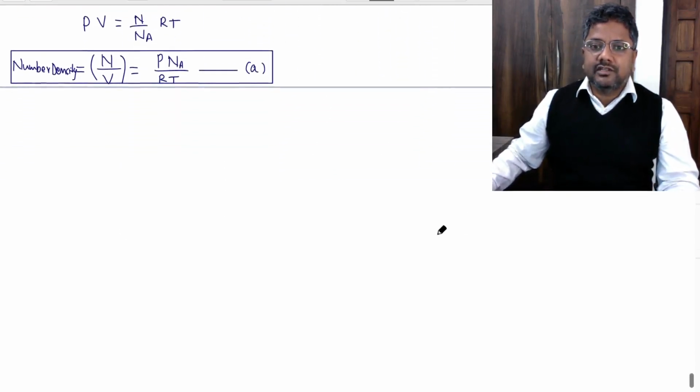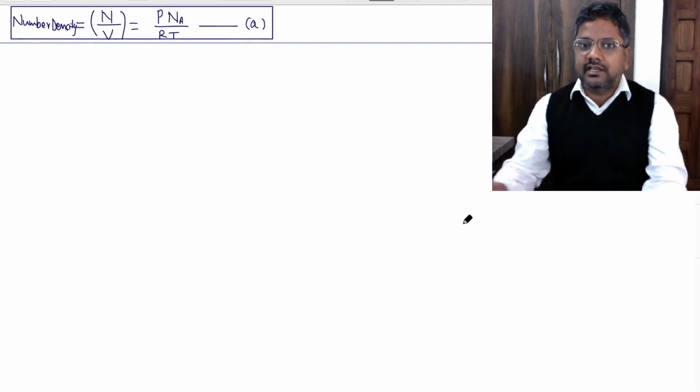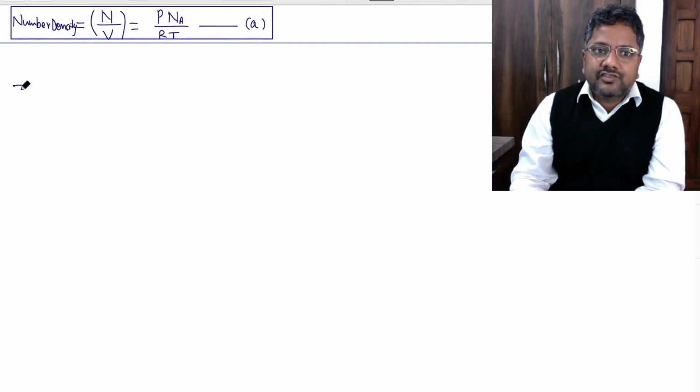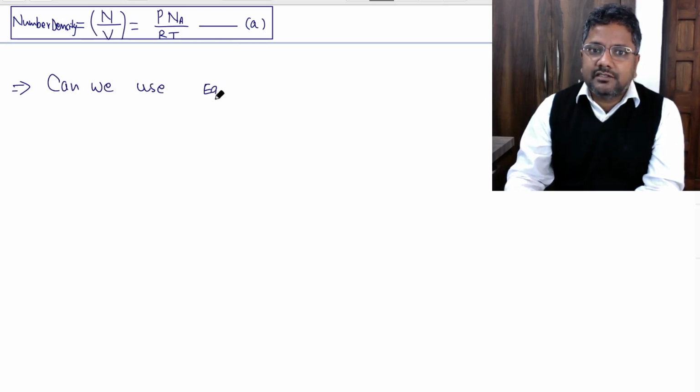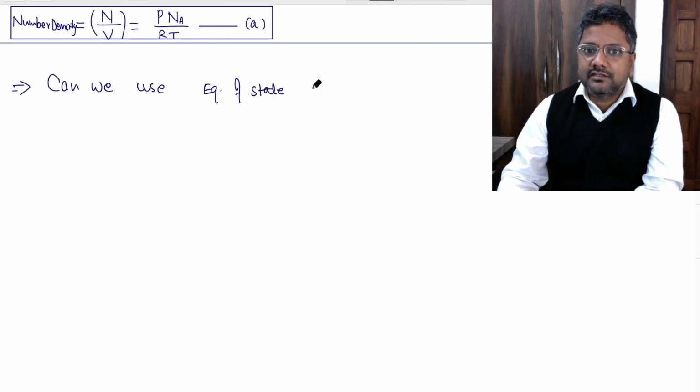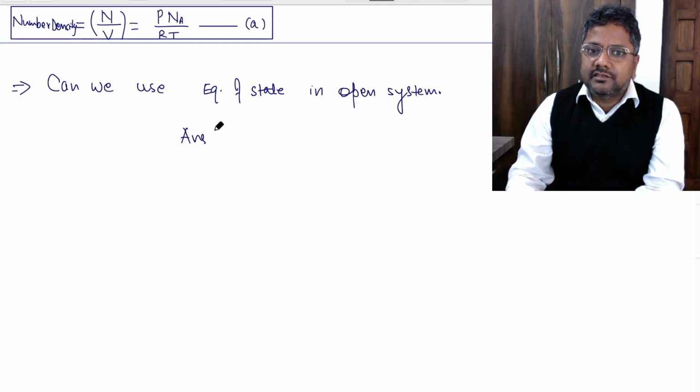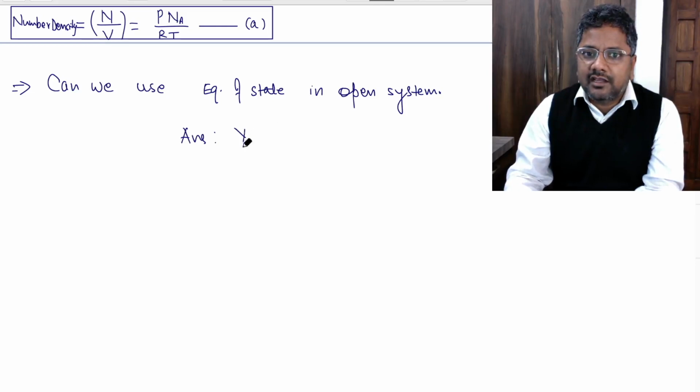Now one more question I have: can we use the equation of state in an open container, open system? So the answer is, this time, again yes.